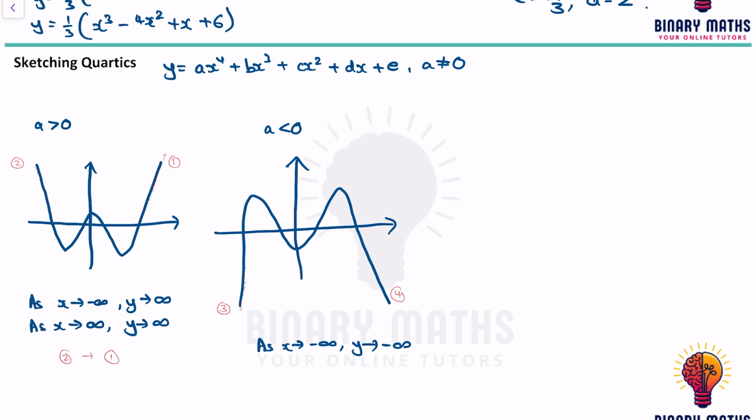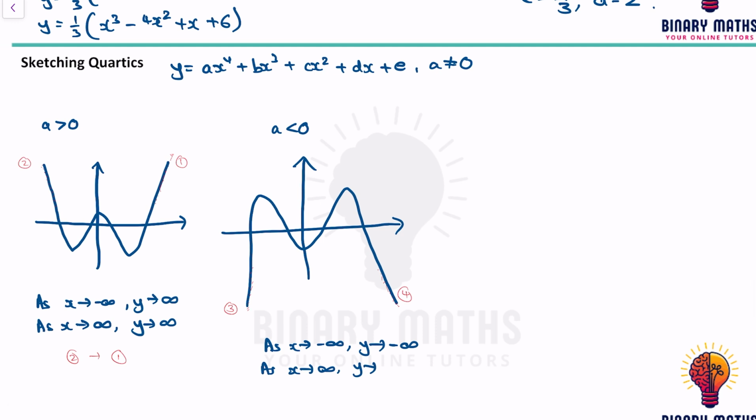So y tends to negative infinity. As x tends to positive infinity, let's see what's happening to y. X is getting more and more positive, and y is getting more and more negative. So we say it goes from 3 to 4.